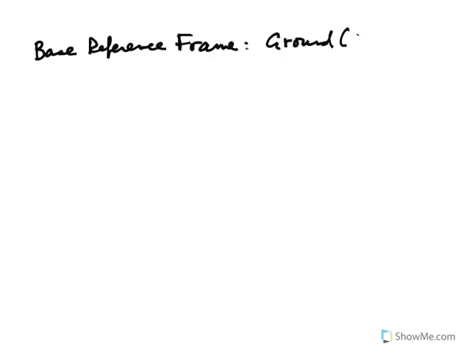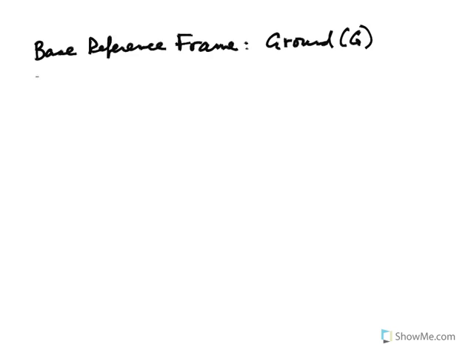So the base reference frame is the ground. And that's the frame in which I want all my rates of change in the end. And then I have two rotating frames.